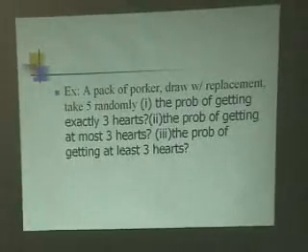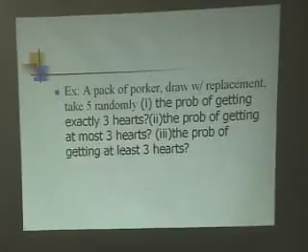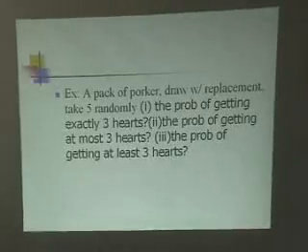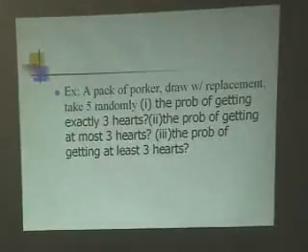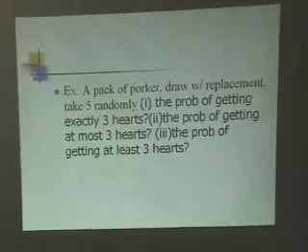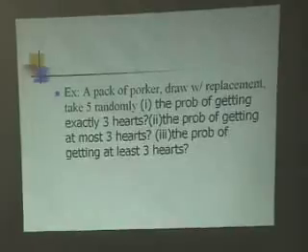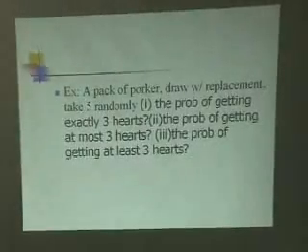Playing cards. Anyway, you have diamond, club, heart, spade, right? And each one has 13 cards, so there are a total of 52 cards. So that is poker. Have you played bridge? Right, if you play bridge, you use poker.